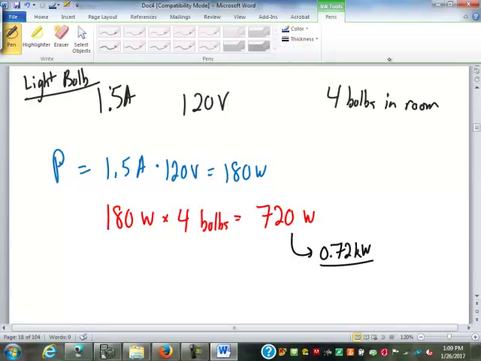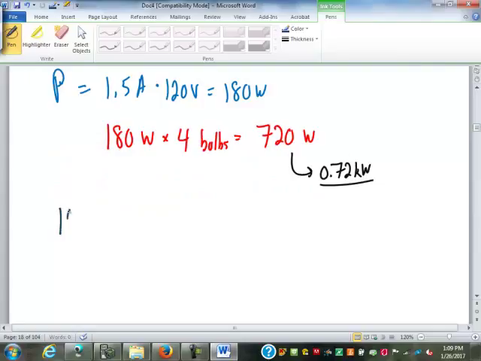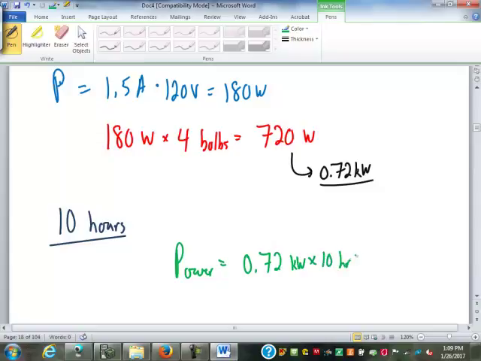Now let's say you say, screw it, I'm going to leave that light on all night long. So you leave the light bulb on for 10 hours. So the power consumption there is 0.72 kilowatts times 10 hours, which is 7.2 kilowatt hours.